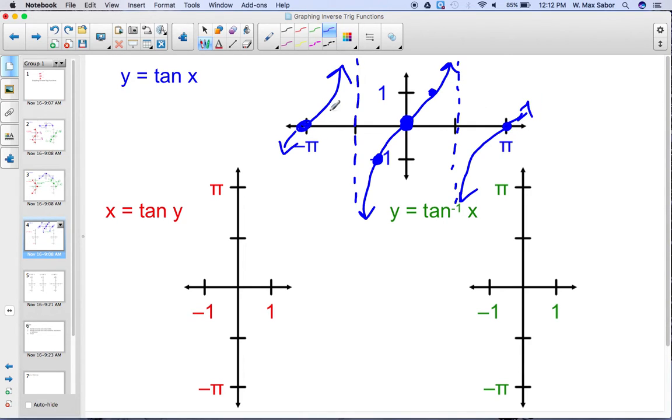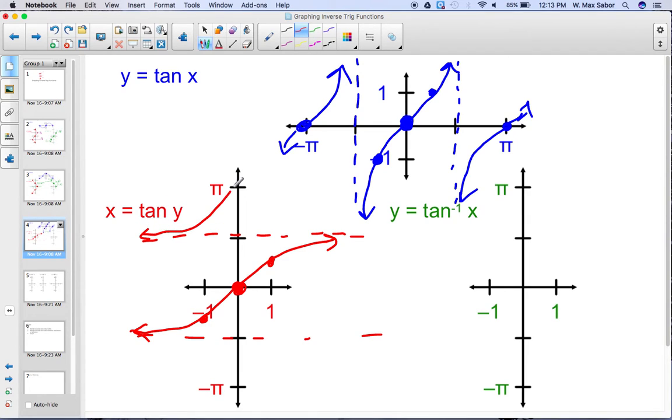However, we need to find inverse tangent, so let's reflect it. What's going to happen is each of those asymptotes will change from vertical asymptotes to horizontal asymptotes. We still have these points. And now our graph looks like this.